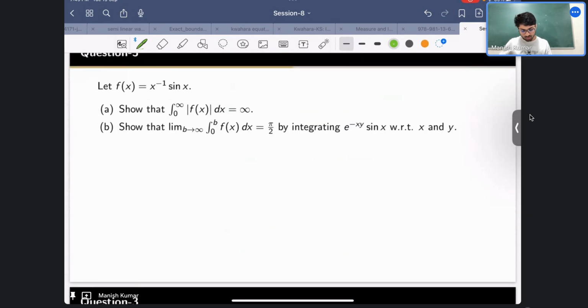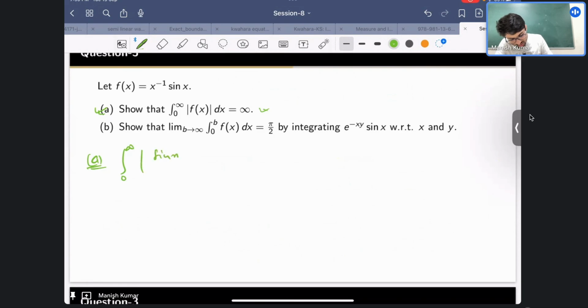So this first part I have already answered in one of the tutorials, maybe in the 6th session, I guess. The idea was very easy, so let me just repeat once. This is 0 to infinity mod sin x by x.